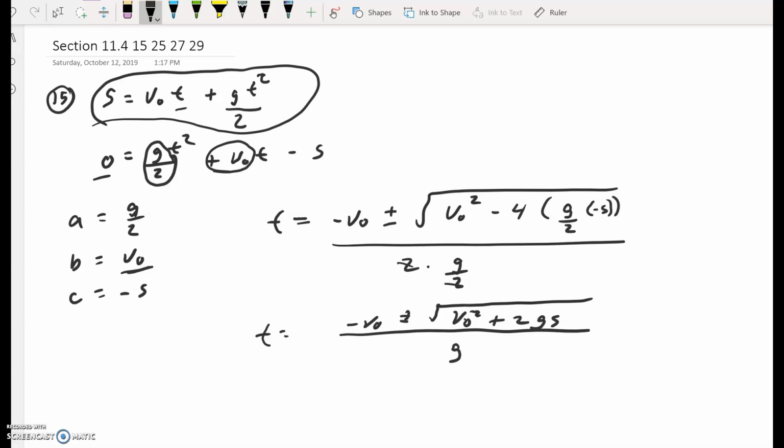Now t stands for time, and usually we don't think of time as being negative. If this plus or minus sign were a minus sign, the numerator would be negative, because we'd have a negative take away some more. And if the numerator is negative and g is positive, then we're going to have a problem.